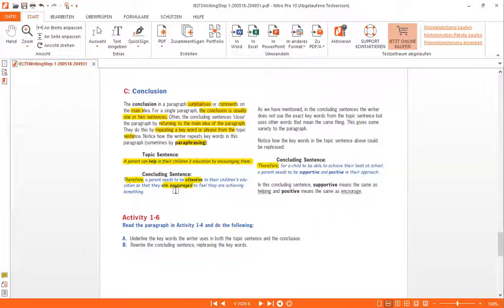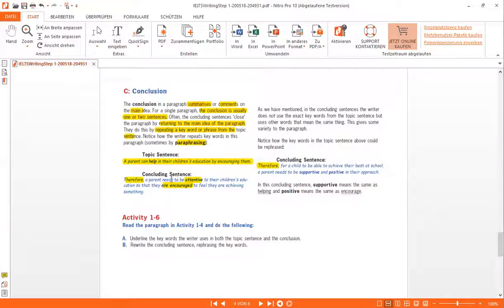Do you see what has been done here? Basically summarizing the supporting sentences, because they all had to do with paying attention to the kid, and then the effect of that is that they're encouraged, which was actually the topic sentence. Okay, so a summary of the topic sentence, and then also the effect that you're looking at.